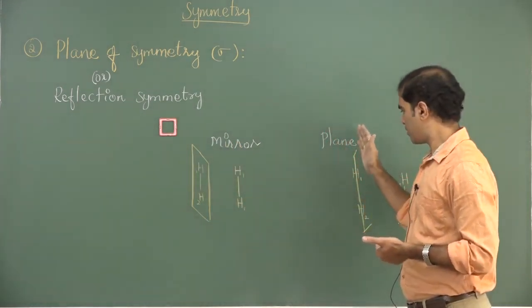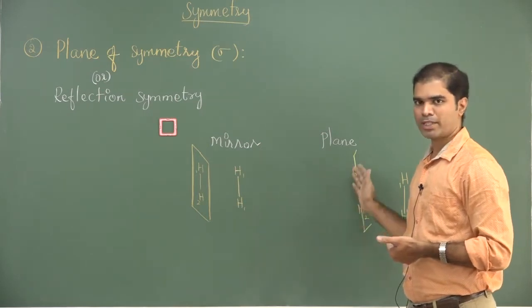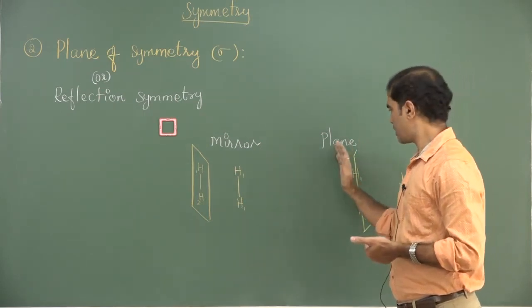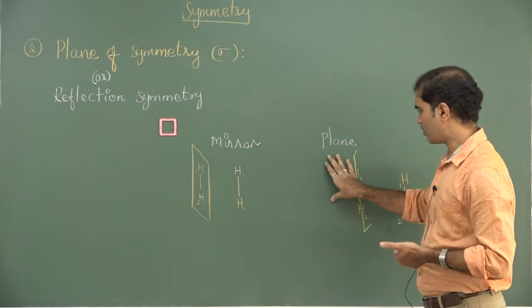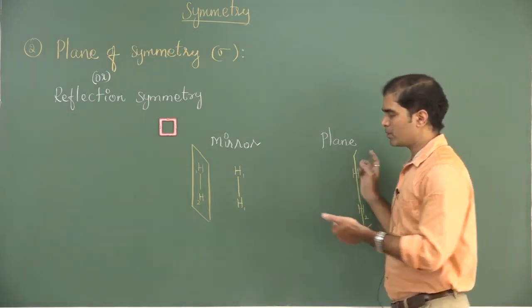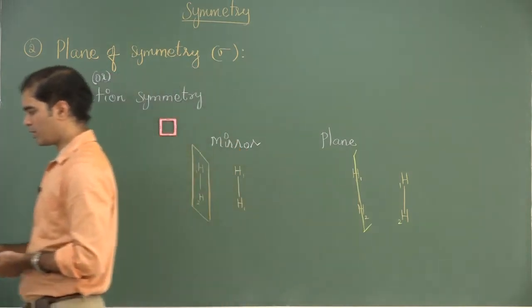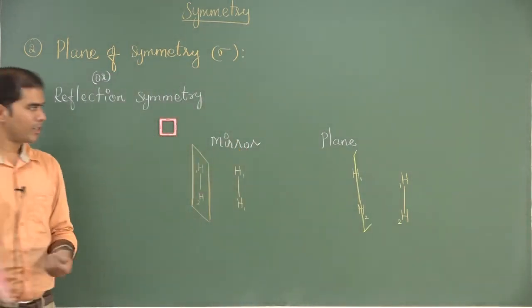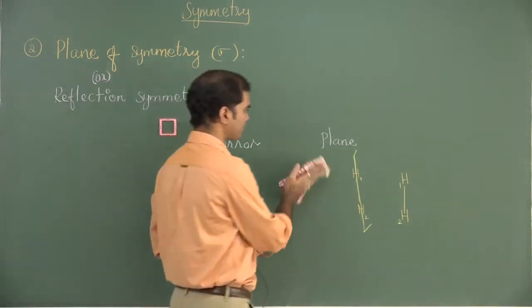It can bisect the molecule from the center, and the reflection operation is carried out where one half is reflected in the other half. So which half is reflecting into which half? For the basics, I will let you know.